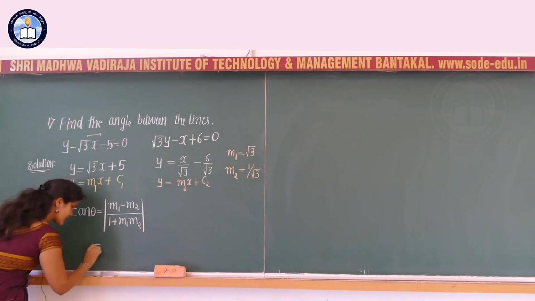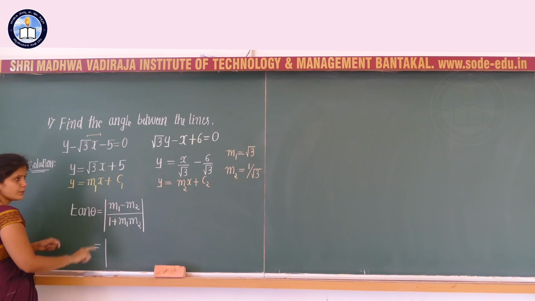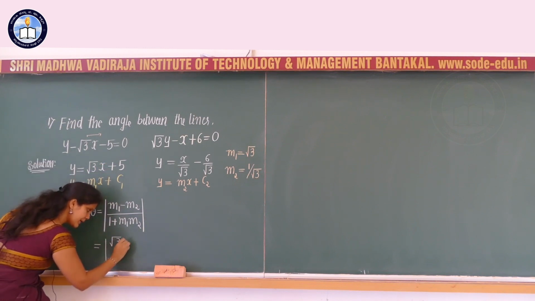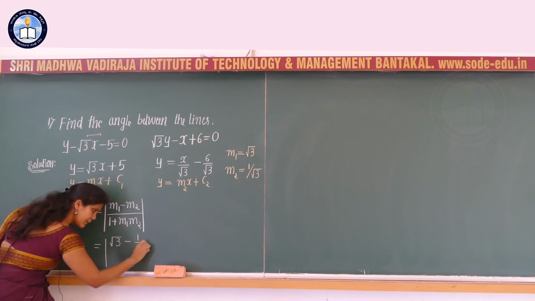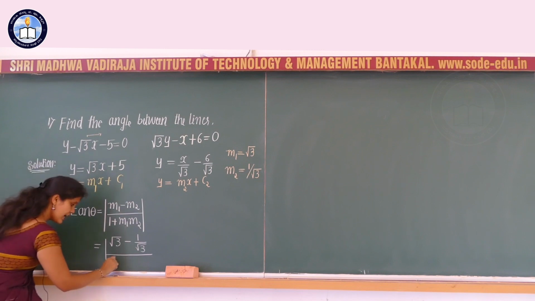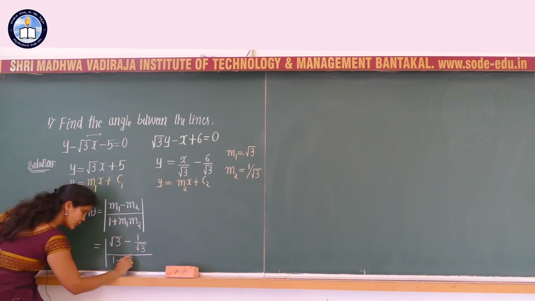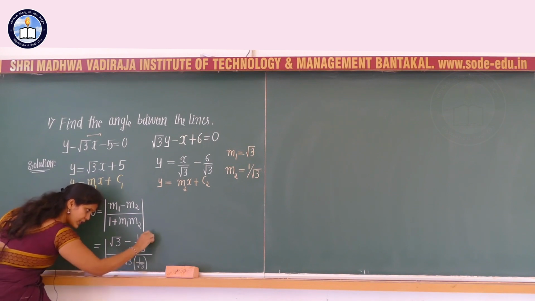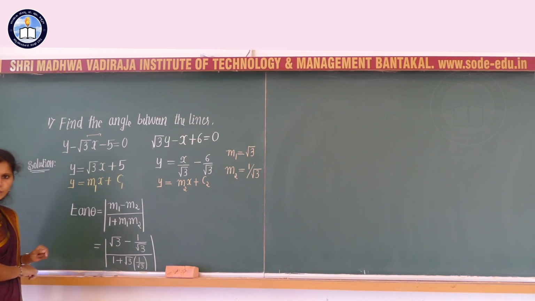Substitute here, which can be written as absolute value of root of 3 minus 1 divided by root 3, whole divided by 1 plus root of 3 into 1 divided by root of 3.